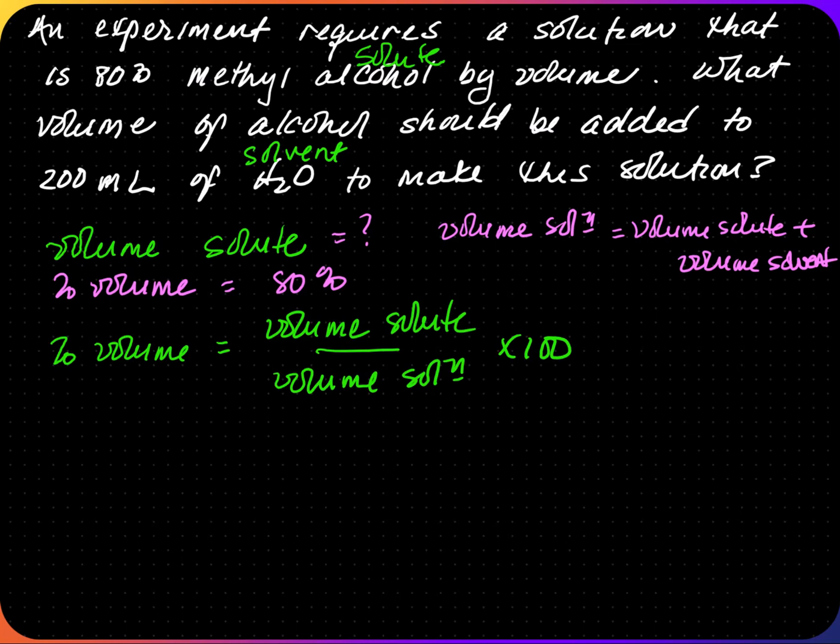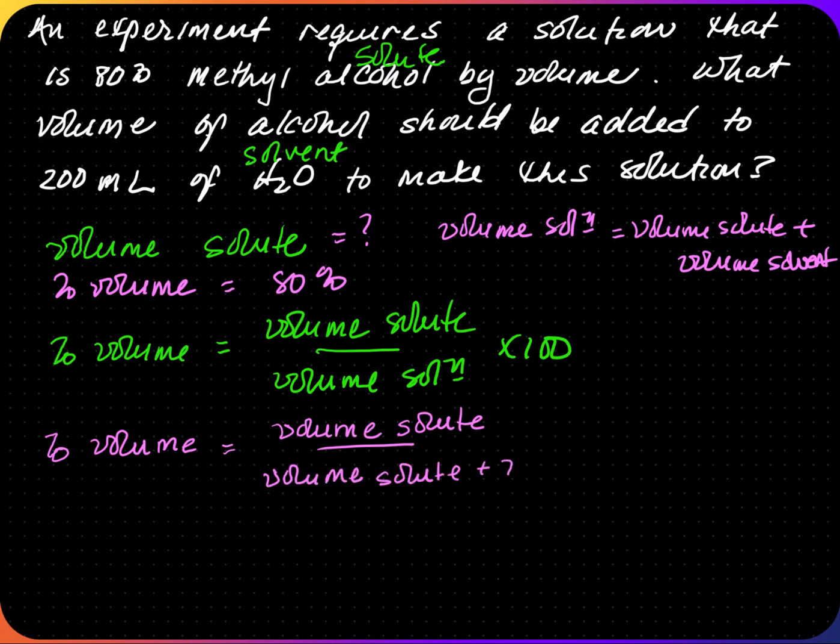So if I replug this in, this becomes percent volume equals volume of solute over volume of solute plus volume of solvent times 100. So in this problem, I cannot leave the volume of solution as 1. I need to separate it as volume of solute plus the volume of solvent because I do not know the total volume of the solution. Since we are looking for the volume of solute, I need to isolate that variable.